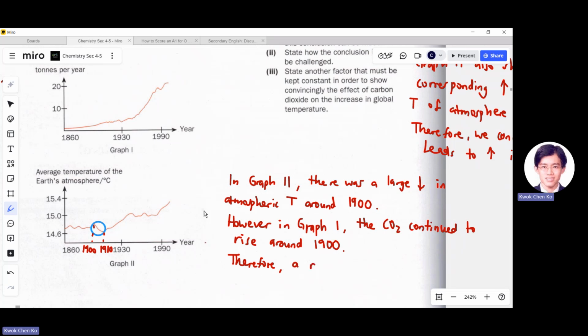A rise in CO2 does not necessarily cause a rise in temperature.